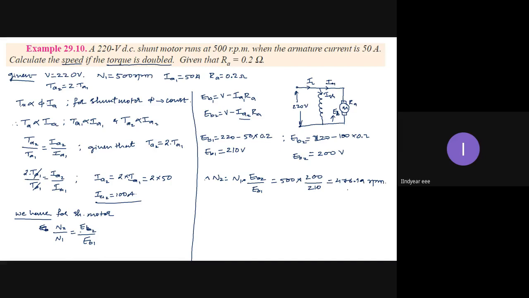Whatever concepts we have observed in the analysis or conclusions, you should verify, getting justified in the values we get in the examples. So please don't take these examples as some substitutions in the formula, getting some numbers as answers. If you do so, you will fail in understanding the operation of the machine.